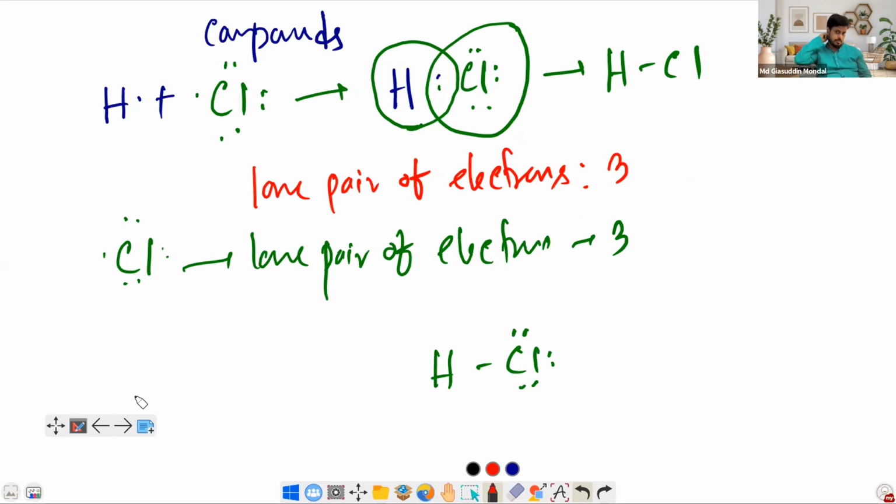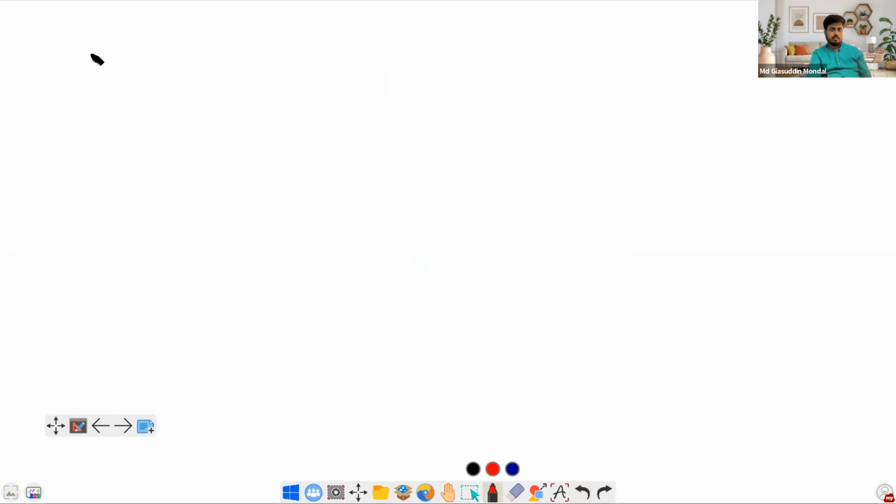Sir, in case of variable valency, how will we do it? Now, if you are drawing CH4, how will you do that? Carbon has a valency of 4, is it not? Carbon has 4 valencies.